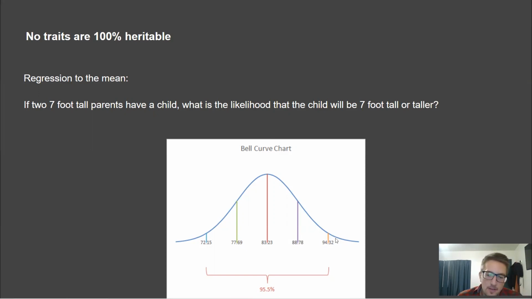No matter what, in later generations, things tend to go towards the mean. Even if you start with two very tall parents, the likelihood, and this goes for any trait, tends towards the mean, tends towards the population average, no matter where you are on the curve.